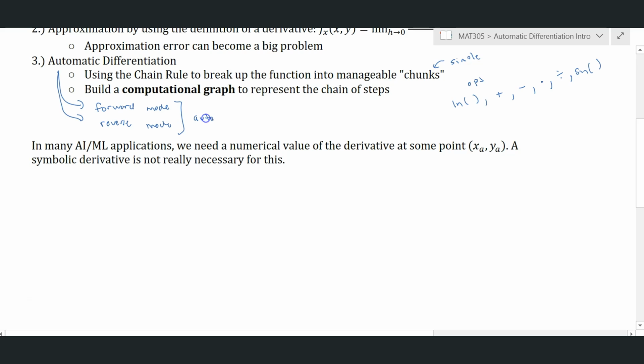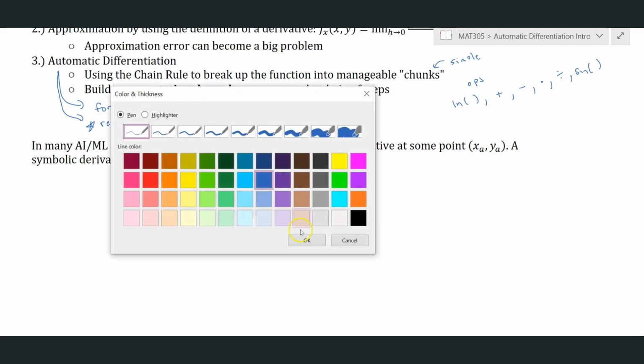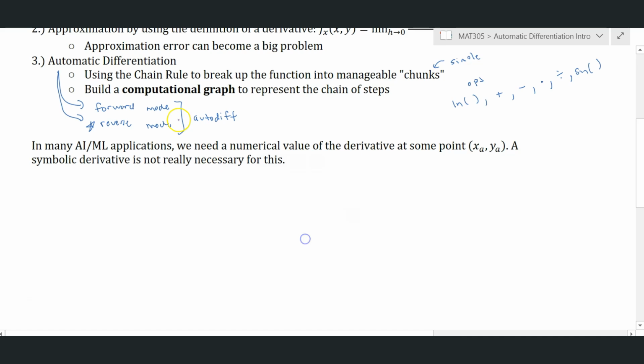Some people will call this autodiff for short. And the idea here is, we're mainly going to focus on the reverse mode. The forward mode, we're going to draw this computational graph, and we'll see with the forward mode, we have to do one derivative at a time. So with forward mode, we'll do one partial at a time.